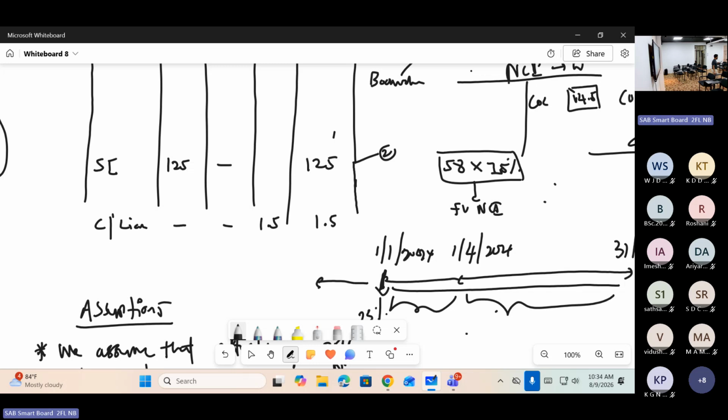It means they have not passed that entry.